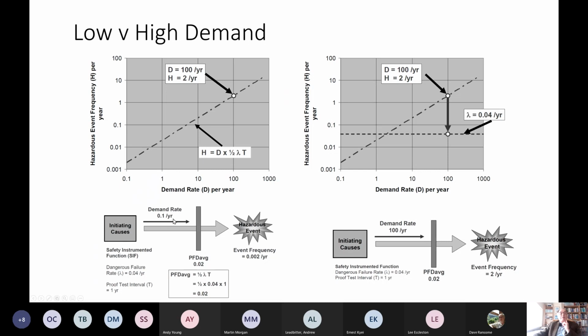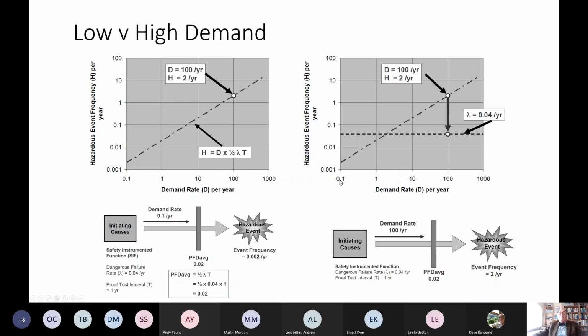With a demand rate of 0.1, that would give us an event frequency of 0.002. And we've got a logarithmic plot here of hazard event frequency against demand rate, and you can see that we have this line here that corresponds with that equation.